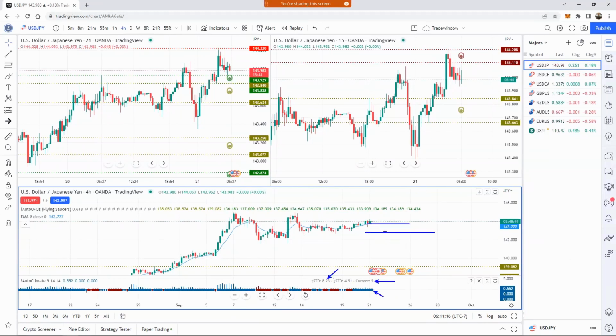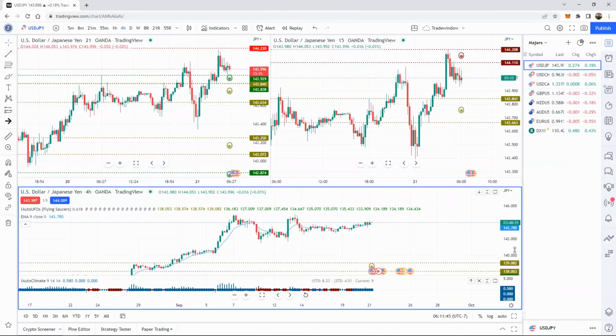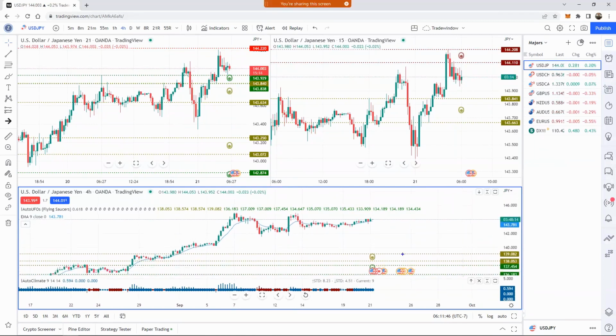There's no UFOs here, which are the auto UFOs, the proprietary and patented technology that we utilize for potential entries and exits. Those are the flying saucers that you see up here, and the one that we showed down below. These guys could be 4 different colors.